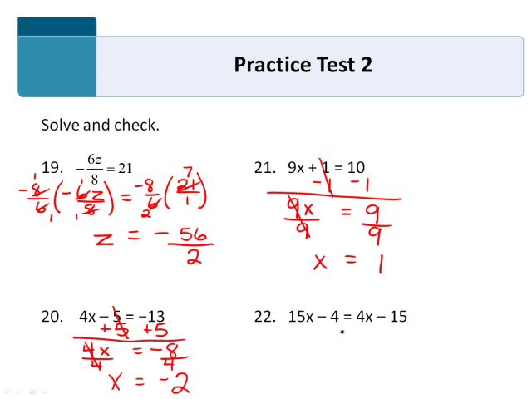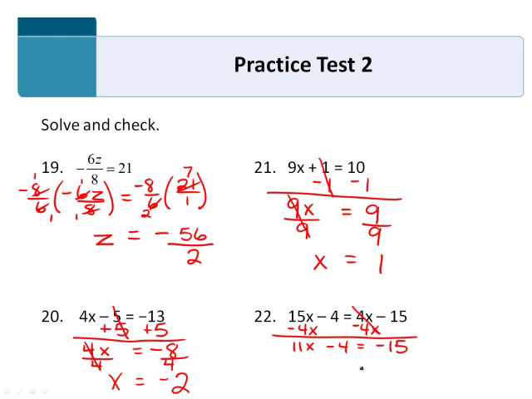Now look at 22. You've got variables on both sides of the equal sign. 15x minus 4 equals 4x minus 15. So my first step is to get rid of that 4x. I want to subtract 4x from both sides of the equation. So that's going to give me 11x minus 4 equals, the 4x's are gone, negative 15.